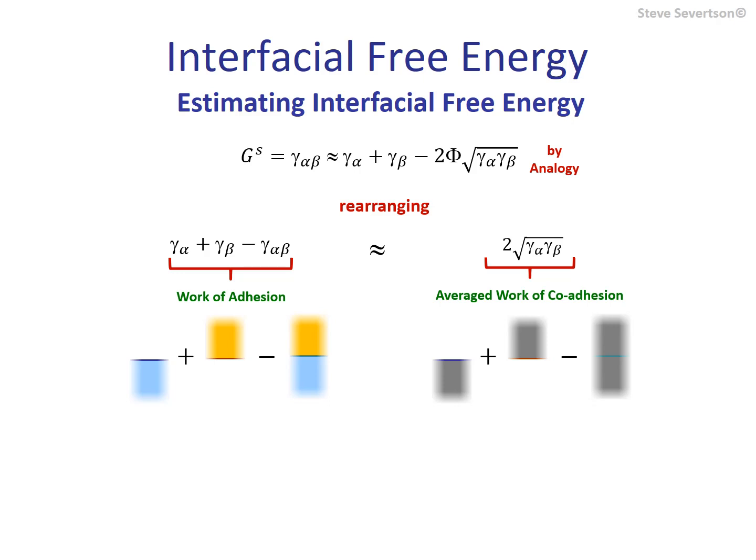Phi is thus the ratio of the work of adhesion to the averaged work of cohesion. If interactions across the interface are the same as in the pure phases forming the interface, phi is equal to 1. If they are less, which is more likely, it's less than 1. If they are stronger, which is relatively rare, it is greater than 1.